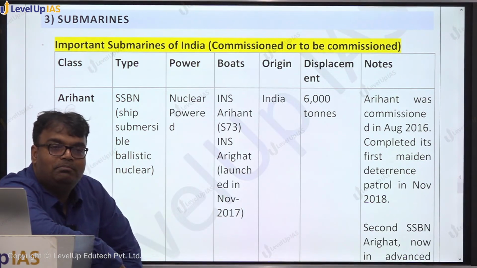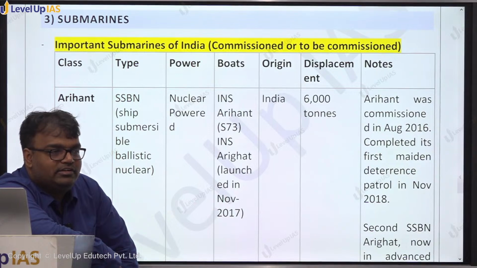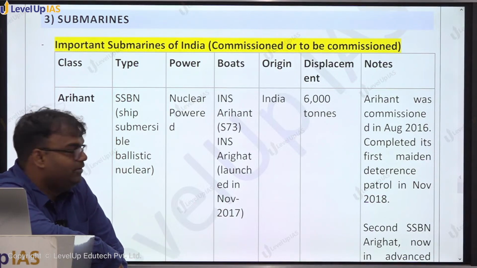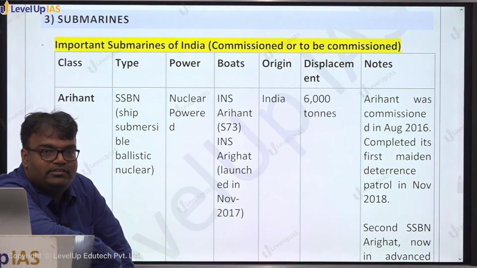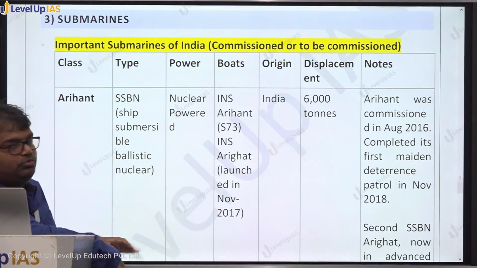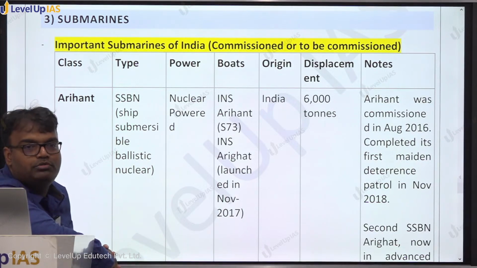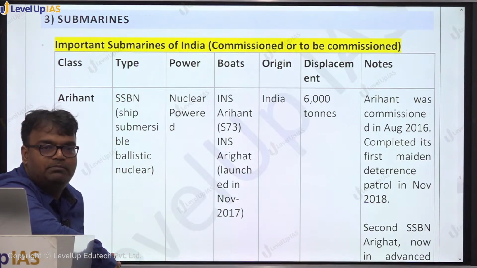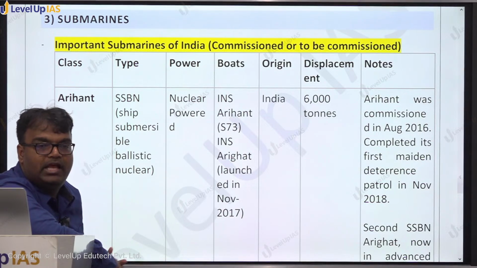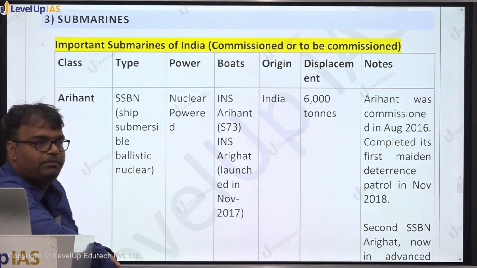It can launch ballistic missile, ballistic missile carrying nuclear weapons. ये 2016 में कमीशन हुआ था, INS अरिहंत, the most important of our submarines. It has given us this capability कि अंडर वाटर से भी अब हम nuclear weapon launch कर सकते हैं.